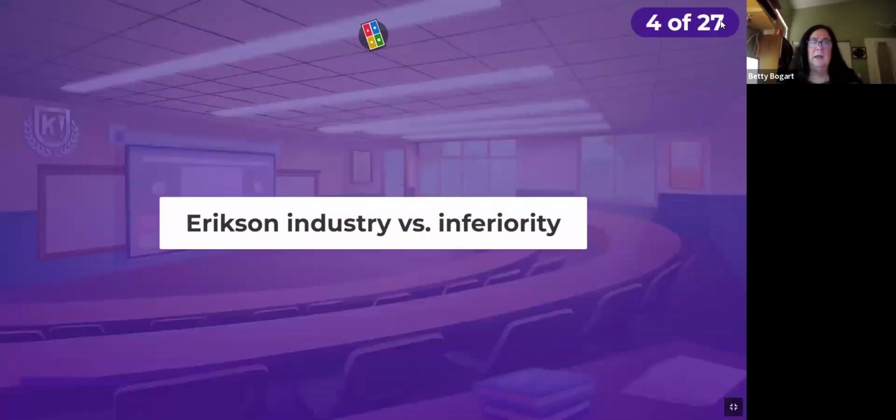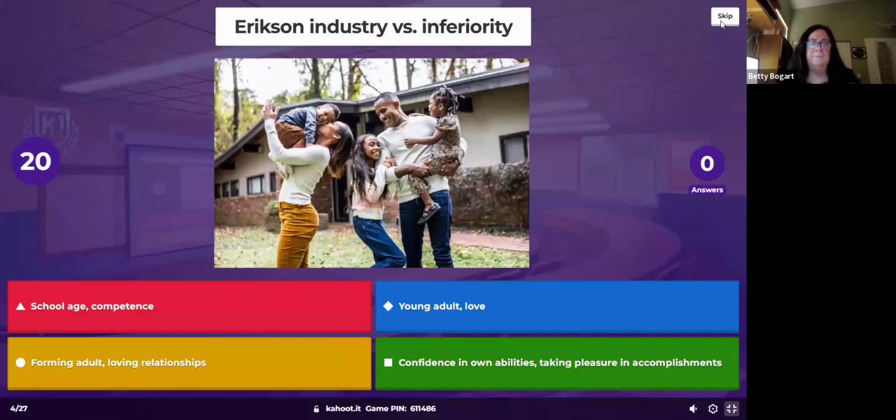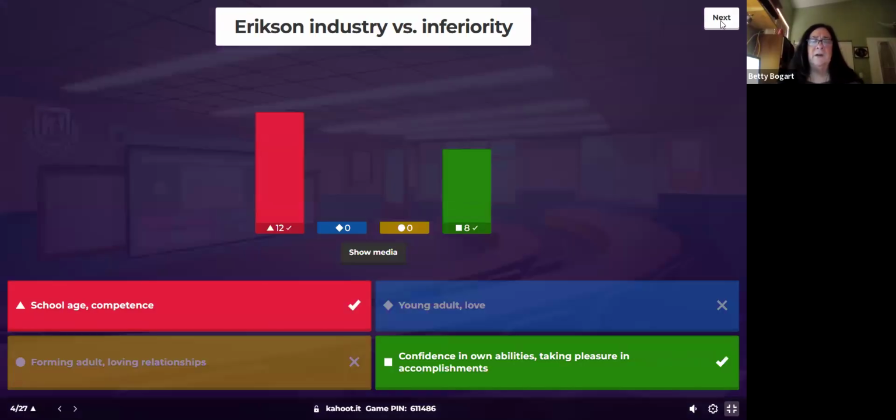Erikson, industry versus inferiority. So industry versus inferiority is school age.